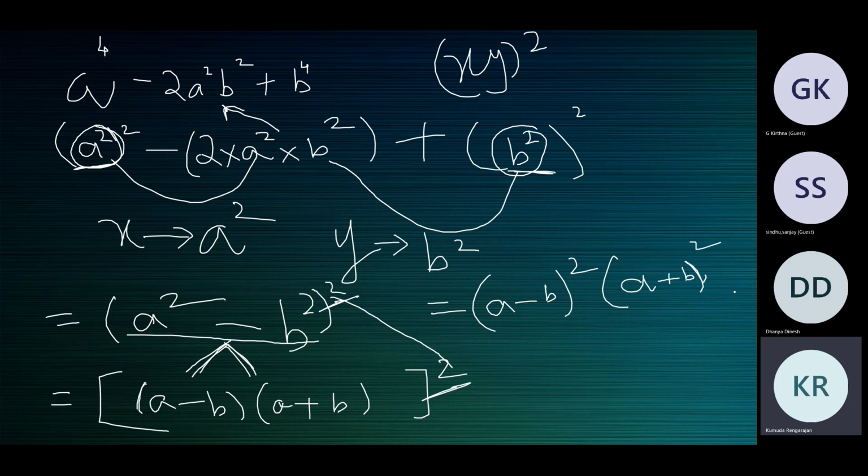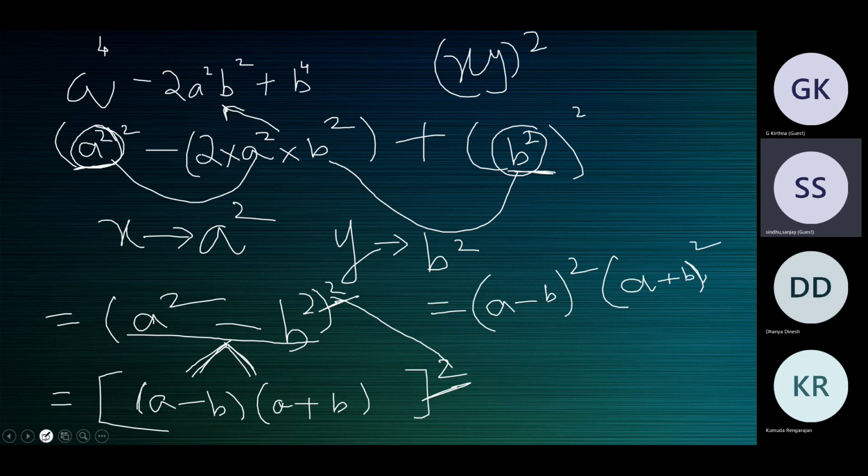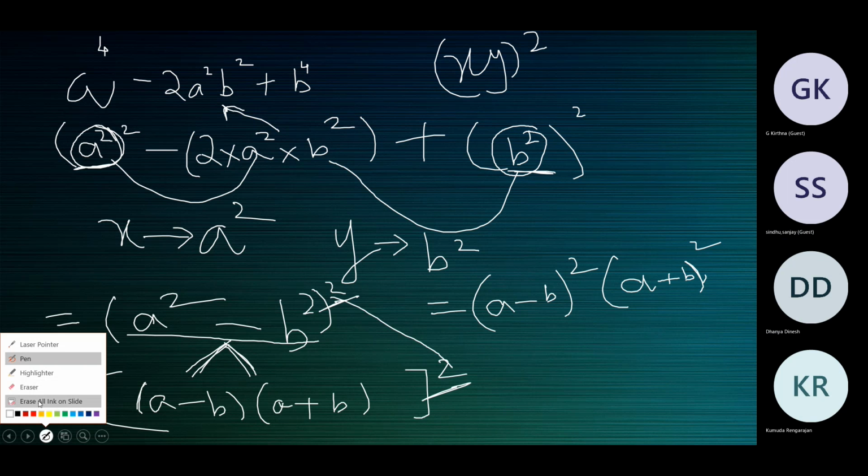That's the final result. a minus b the whole square into a plus b the whole square. Understood, children? Yes, ma'am.